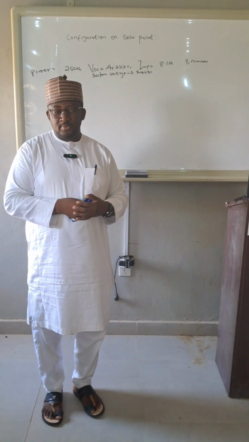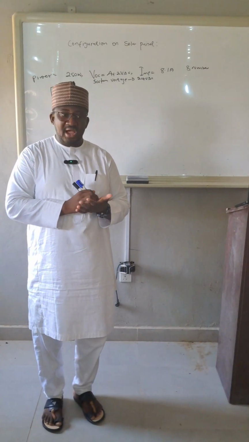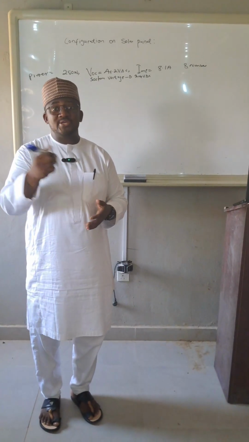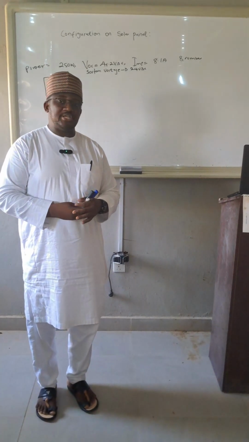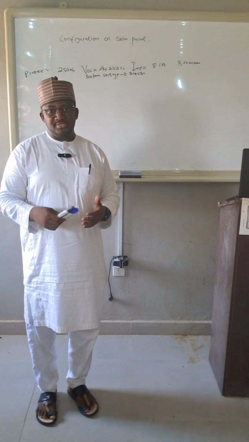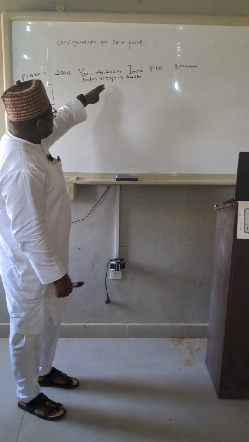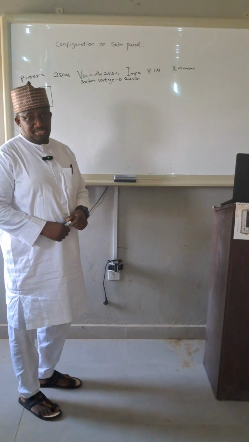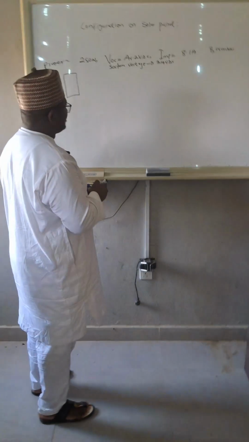System voltage. If you can remember, I said we have a system that is having wide range of open circuit voltage, even though in our next class when we deal with solar charge controller, we will see the MPPT wide range and what have you. But now, we are going to consider the system voltage. Automatically our system voltage is 24 volts.